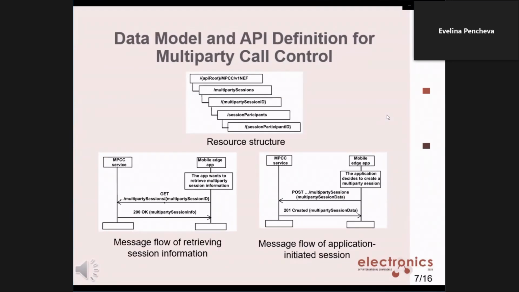As a part of service specification, we build the data model and provide interface definition. The multi-party session and session participants are all presented as RESTful resources. The resources are manipulated using HTTP methods post, get, update, and delete.